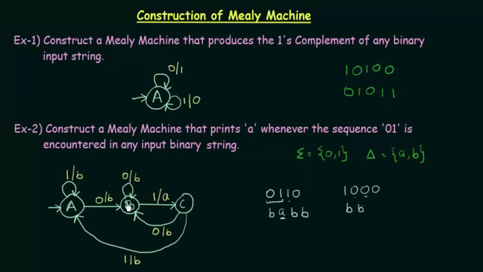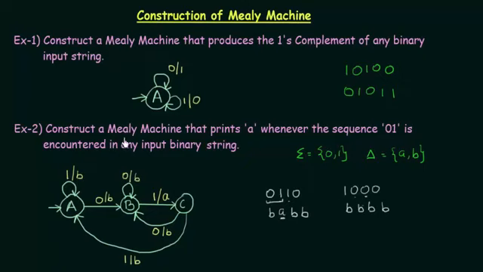B on getting 0 stays in B itself, printing B, and on the last 0, B stays in B again, printing B. So here we did not have the sequence 0 1, so no A's are printed, only B. And when we got the sequence 0 1, we could print A.